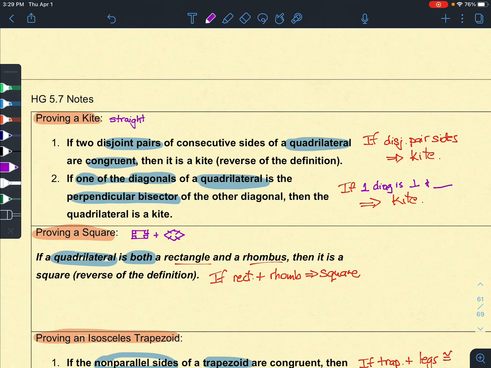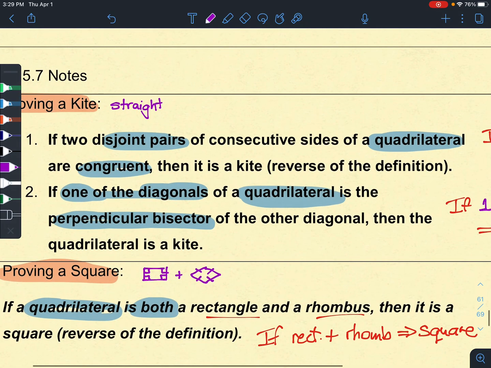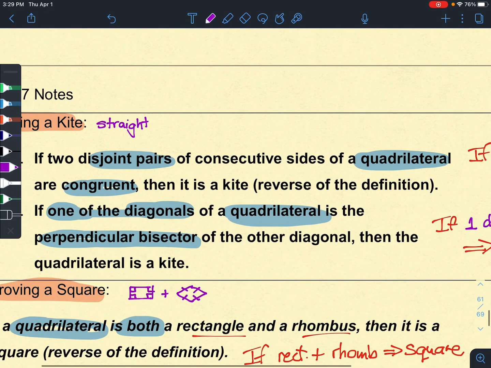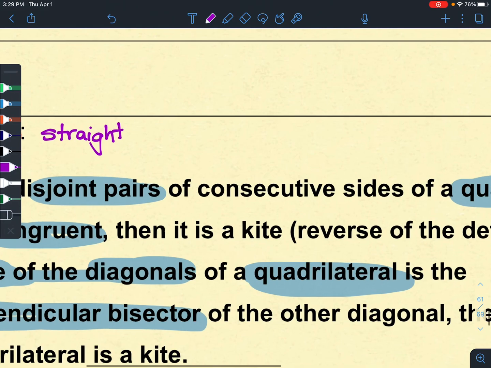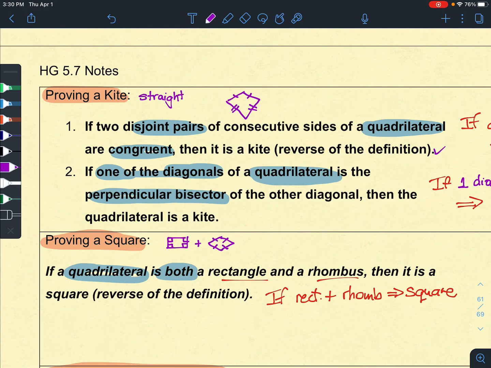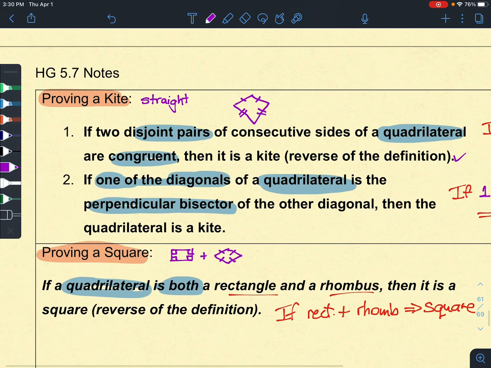Proving a kite straight. We go for the disjoint pair of consecutive sides are congruent. Yeah. So if the disjoint pair are congruent, then it's a kite. So this is the reverse of the definition. Yeah. If one of the diagonals is a perpendicular bisector of the other, okay?